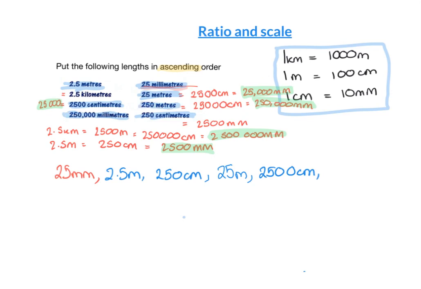We'll just add that on. So 250,000 millimetres. Let's start a new line, 250 metres. And then last, there's just the one left, so that is the 2.5 kilometres, which comes in at 2,500,000.